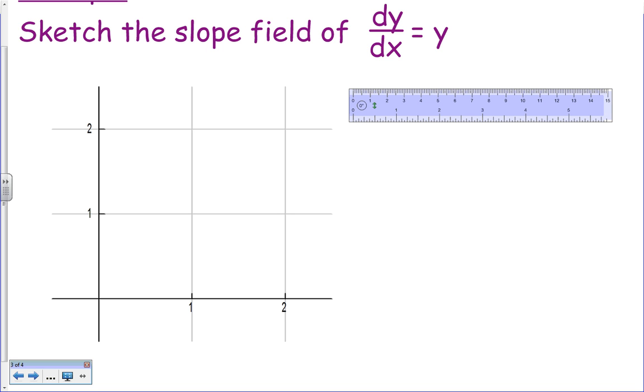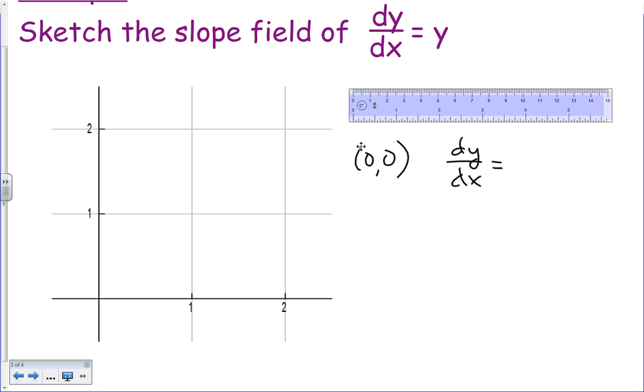Let's start out on the bottom left, at 0, 0. What I want to do is find out what the slope is at 0, 0. My differential equation is dy/dx equals something, and dy/dx is a derivative, but a derivative tells me slope. So this equation tells me the slope.